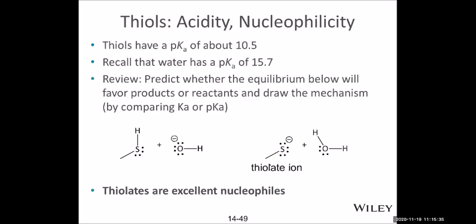Thiol compounds are more acidic than alcohols. Alcohol and water pKa should be around 14 to 16. That's for the alcohol. And you can see the thiol is tens of thousands of times more acidic, mainly for the same reason as with the halogens.